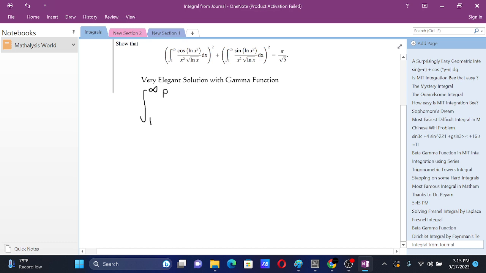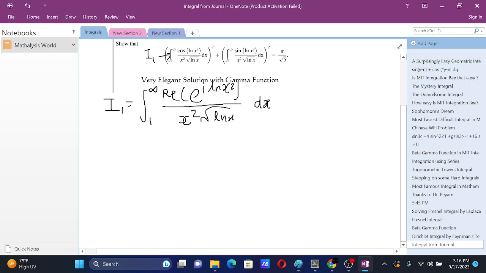And real part of e to the power i times this thing over here, ln of x square by x square root ln x dx. We will first just deal with this function only. We will name this integral I1, and the other integral I2, and what we are asked is just I1 square plus I2 square.